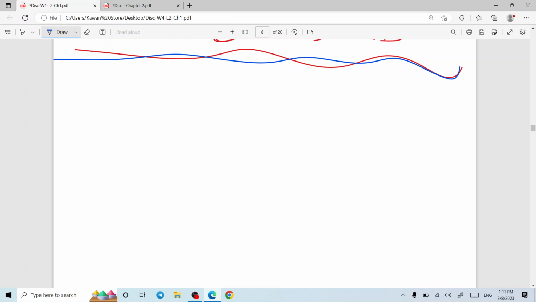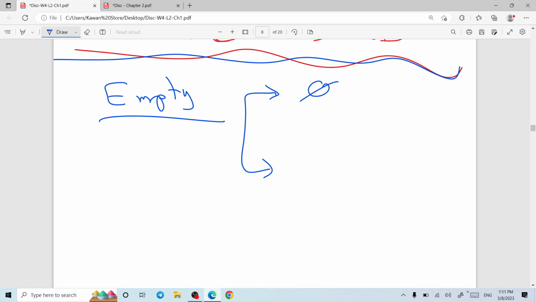Of course, for your department it's clear. The empty set can be symbolized as two shapes: only phi, or braces without anything. Understood? So that one and that one.